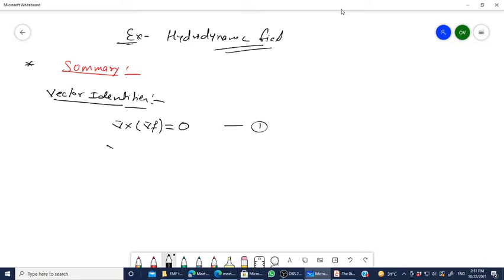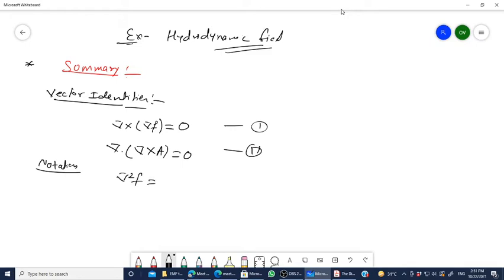Second, the divergence of this curl is equal to 0. It is again very important. There is something in the notation. This is the Laplacian operator. Yes, we can write it, but I am not writing that.